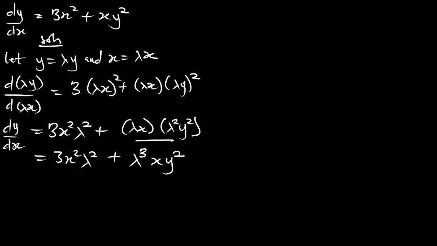Is that it? Yes. If we try to do some factorization, we are going to get lambda square out, giving us 3x square plus lambda cube over here, after taking out lambda x y square.